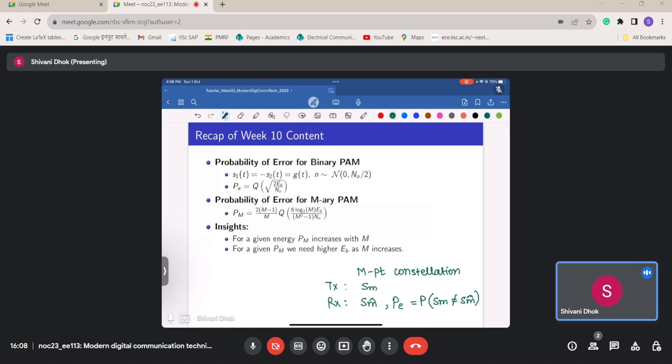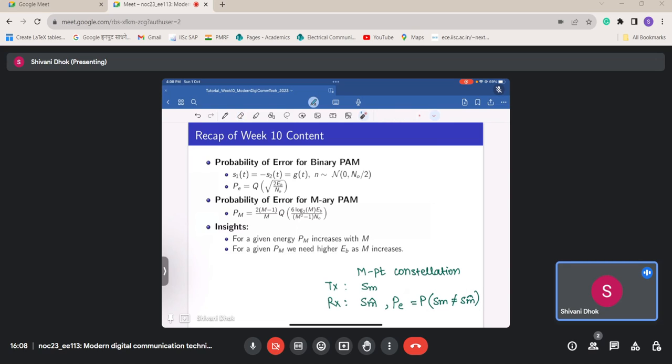This depends on the way we detect S_m hat, which means it largely depends on the decision rule we employ at the receiver end. So if we want to create a proper decision rule, our aim should be minimizing this probability of error.